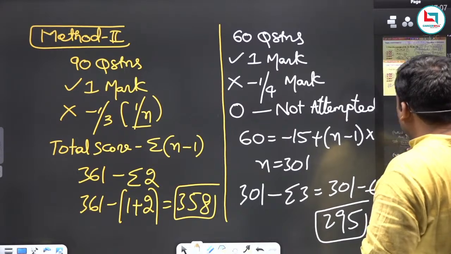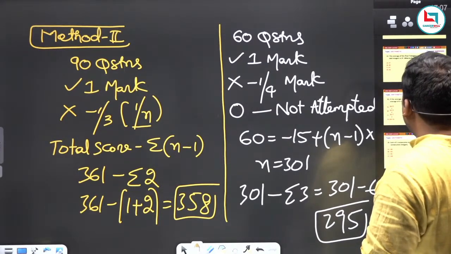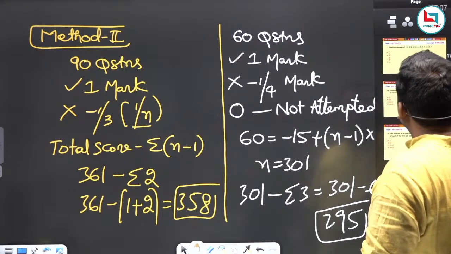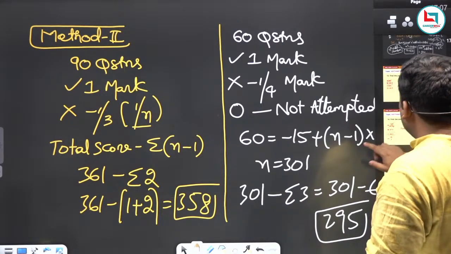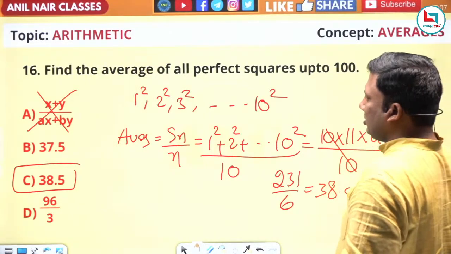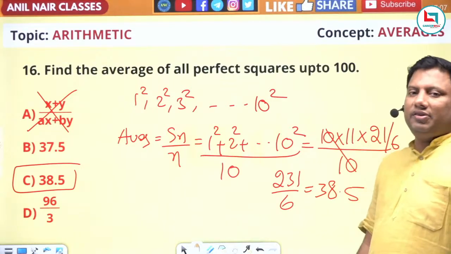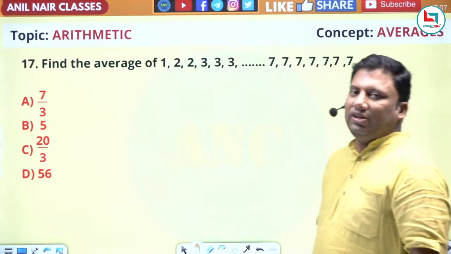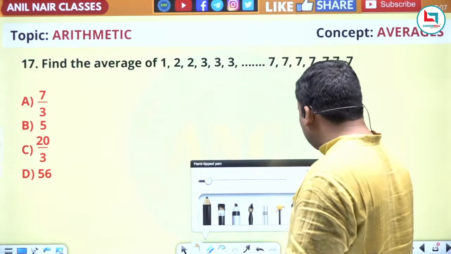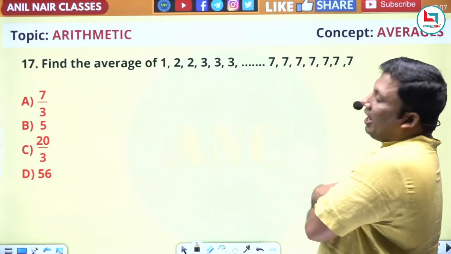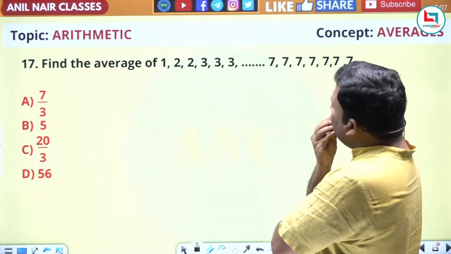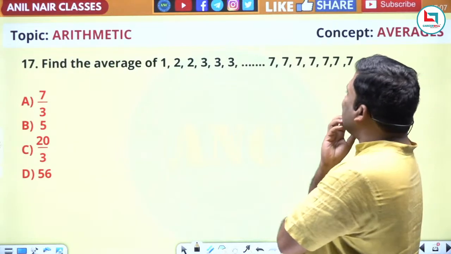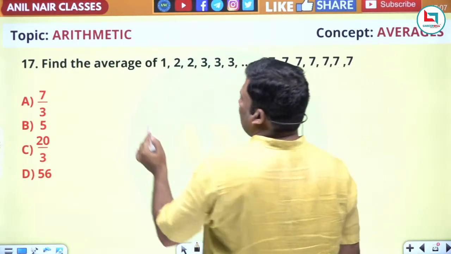Where are we? These are some of the good questions that we discussed. This was the last question that we discussed, 38.5. Now see here. 17th question. Let us get into the discussion. Find the average of 1, 2, 2, 3, 3, 3, and so on, where 7 is written 7 times.